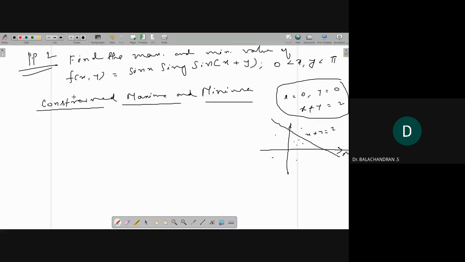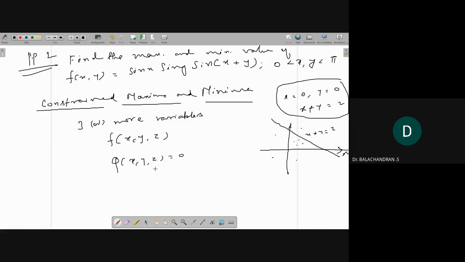Sometimes we may be required to find the extreme values of a function of 3 or more variables, say for example f of x comma y comma z, which are not independent but are connected by some given relation, phi of x comma y comma z equal to 0.